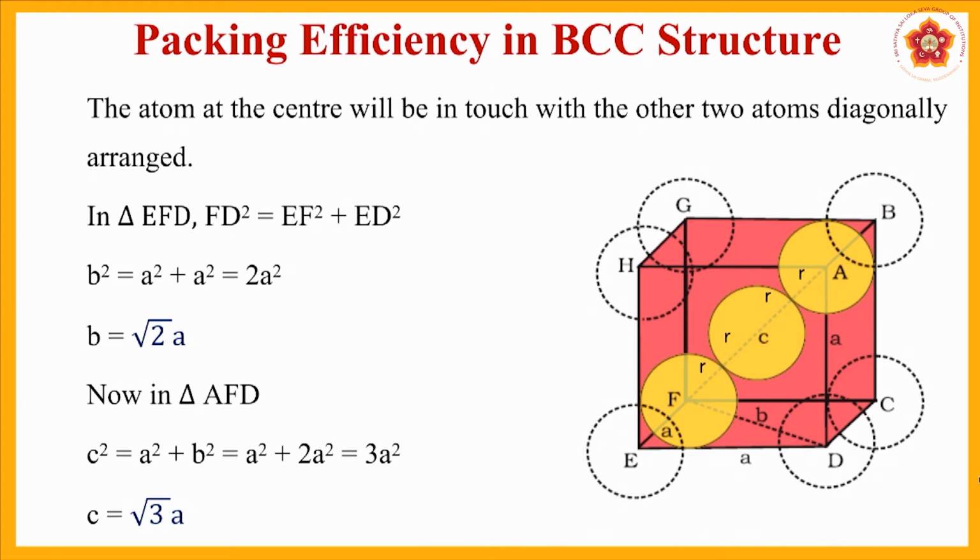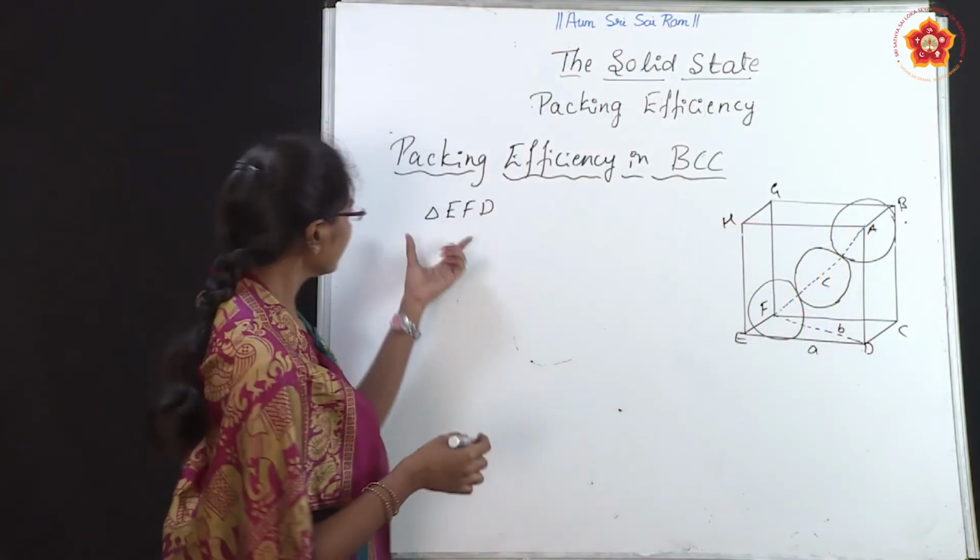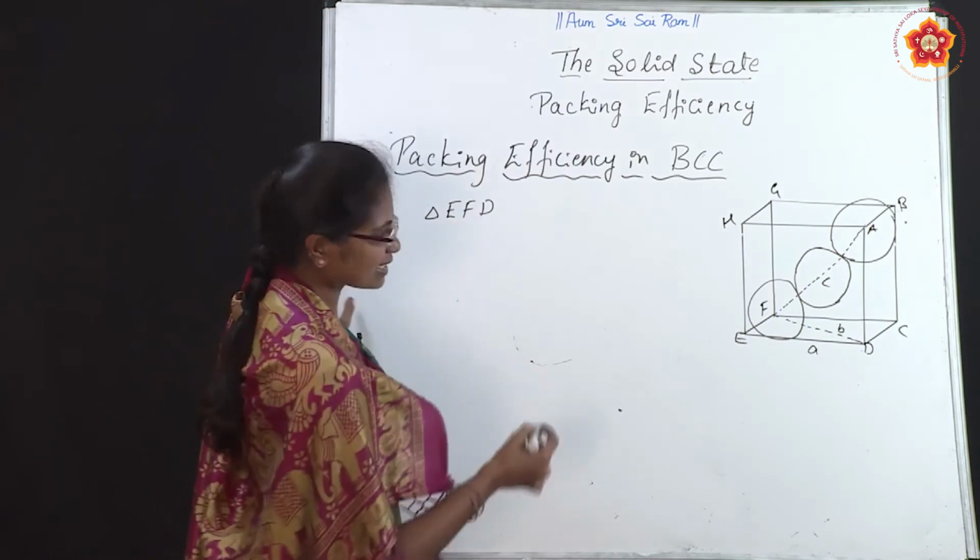Put that B value in the formula: A square plus 2A square is equal to 3A square. So now C is equal to root 3 A. Now consider triangle EFD. Where is the EFD triangle?